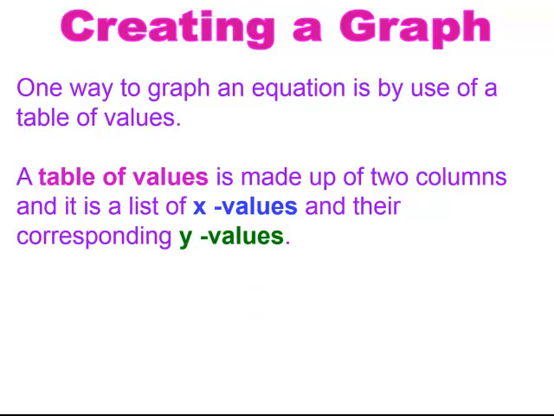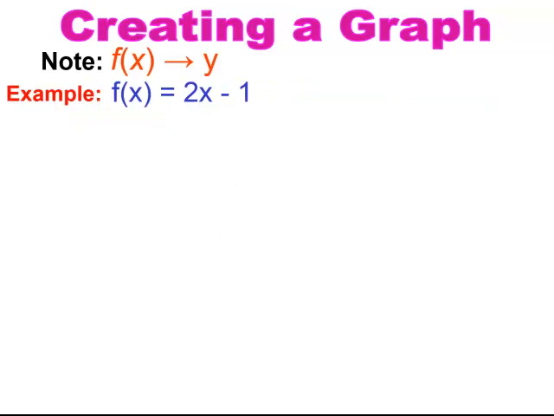So one way of graphing an equation is to use a table of values. A table of values is made up of 2 columns and it lists x values and their corresponding y values. So let's do an example. Notice here that the equation uses f of x equals 2x minus 1.